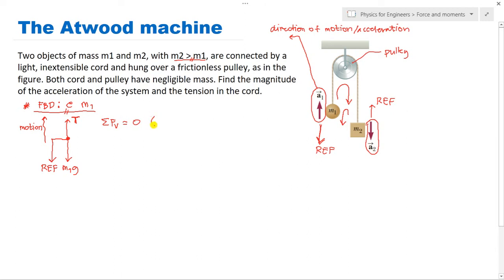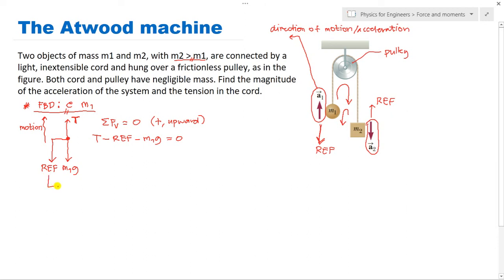So let's consider positive if it points upward. Sign convention. What are the forces that point upward? We only have tensile, and the rest is negative na siya. So we have T plus reverse effective force minus mass 1 G is equal to 0. Again, unsa ra gud siyang reverse effective force class?